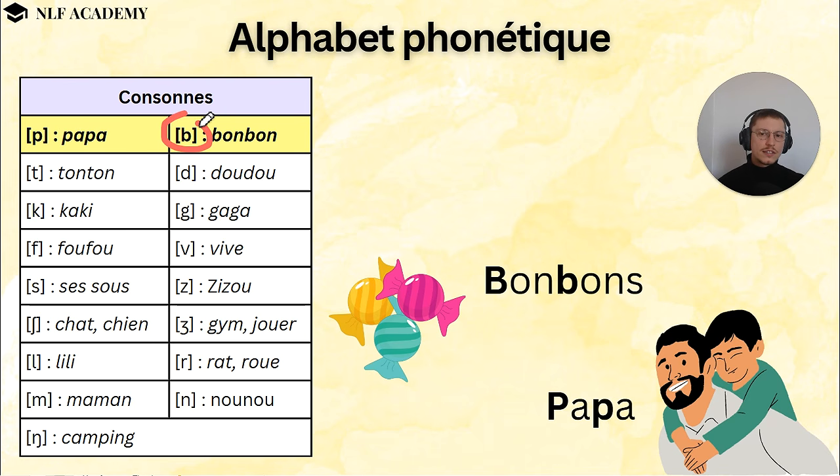B is very relaxed. So you can consider that P and B are just the tense version and the relaxed version of the same sound. P is very tense. You can feel your whole body contracting when you say P. But then if you relax the P, it becomes like B. P, B. Okay? And that's the same logic for almost all of them. So that's why they are grouped by 2.